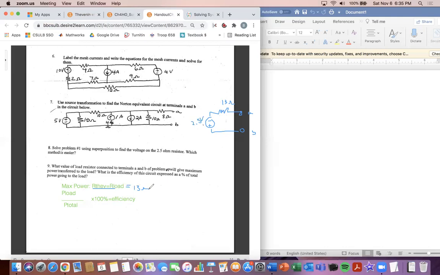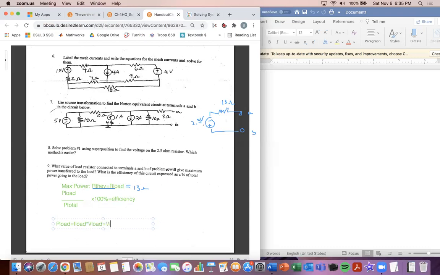And then the power of the load, for the efficiency, what you can do is the power of the load over the power generated times 100%. I calculated the power going through that load resistor. And if you guys remember from our Norton equivalent circuit, we could tell the current going through here as well. But one nice thing to know about power, remember you can rewrite the power equation different ways. So P load could equal I load times V load, voltage times current.